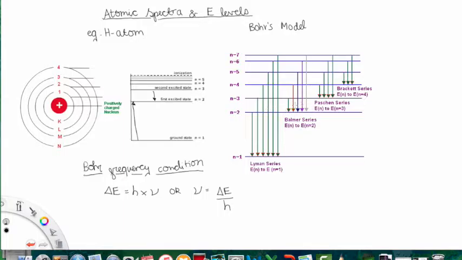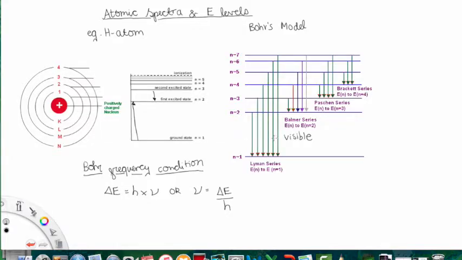The Balmer series is actually the visible region, and those are the transitions from n equals 3 all the way up to n equals 7 down to n equals 2. The Paschen series are down to n equals 3, and the Brackett series are down to n equals 4.